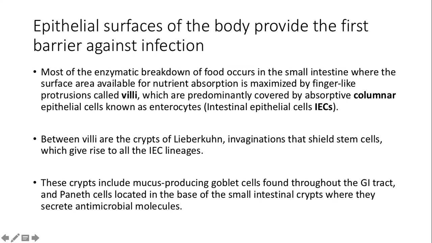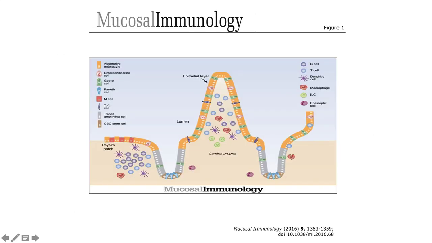So let us start talking about the epithelial surface of the body that provides the first layer against infection. On the microenvironmental level, the epithelial surfaces provide the first layer of protection, where the surface area available for nutrient absorption is maximized by finger-like protrusions. We call them the villi, which are predominantly covered by columnar epithelial cells to maximize absorption.